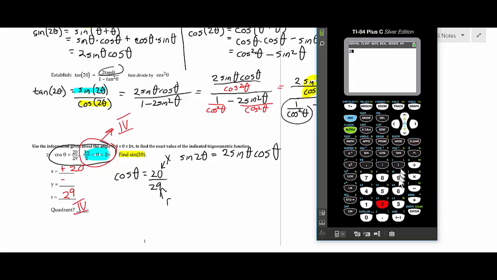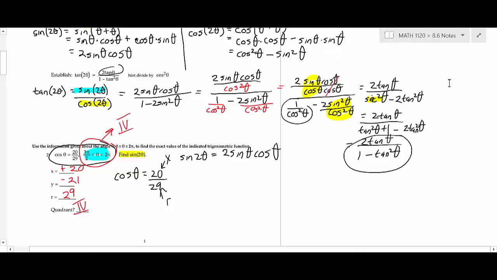So I go r squared, 29 squared, minus 20 squared, because you're subtracting when you're doing it this way. That gives 441, and then you take the square root of 441, which is 21. So y is equal to negative 21. If you have any problem doing that on your calculator, just write down the steps.